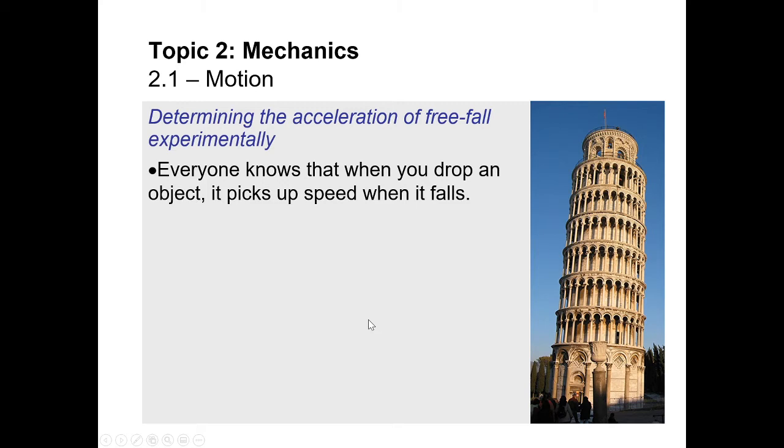All right, let's determine the acceleration of free fall experimentally. So let's say you stood on top of the Leaning Tower of Pisa and you decided to drop a bowling ball. You know that its velocity would speed up as it headed towards the ground, and of course you would make sure that there was no one standing there below as you dropped it.